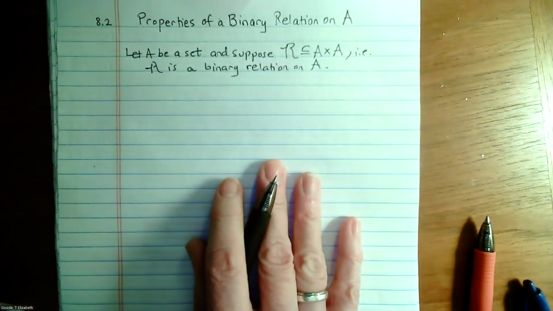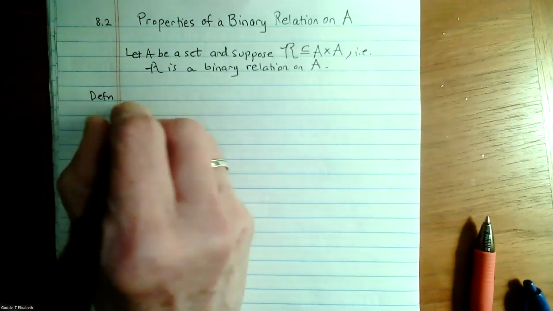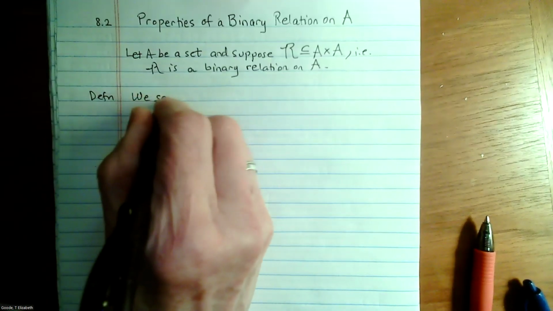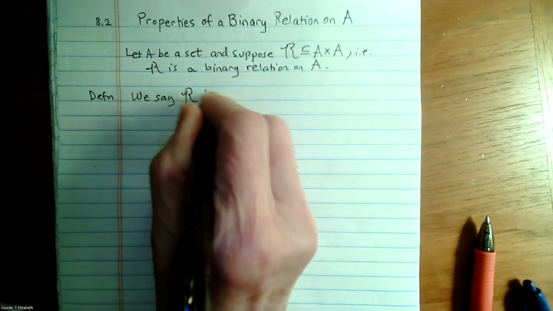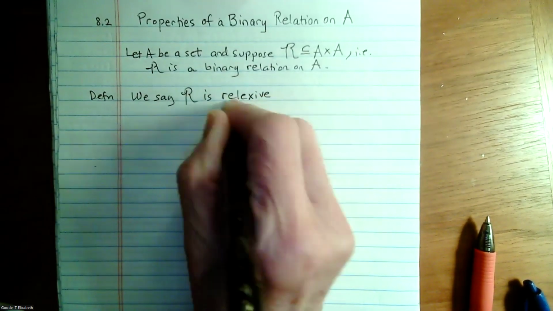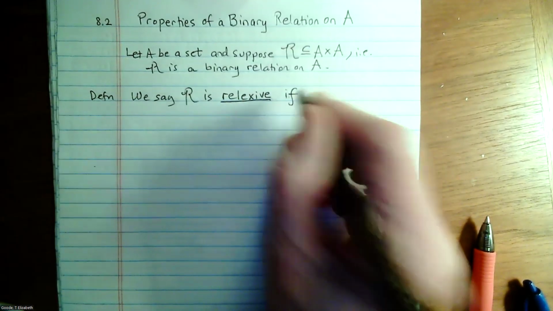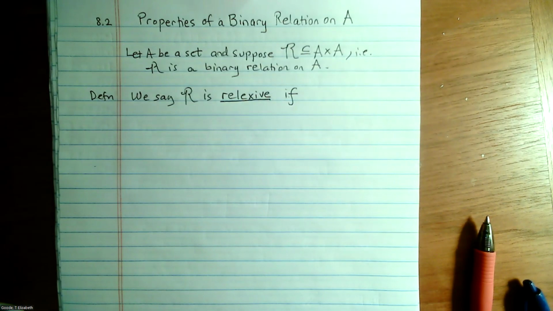All right, so the first definition is for reflexivity. We say curly R is reflexive. That's what we're defining, what it means for it to be reflexive. There are 2 ways we can write this.